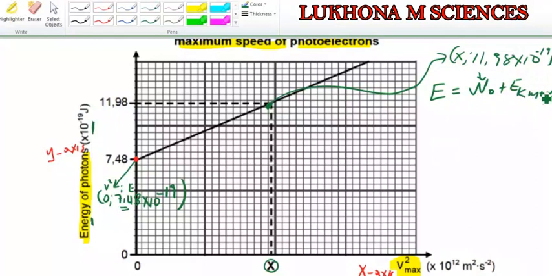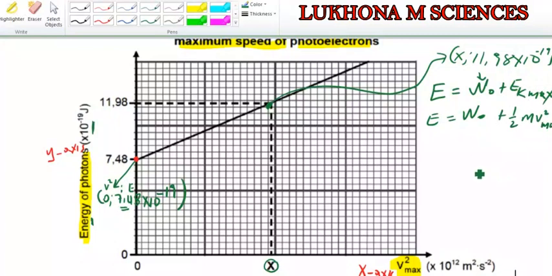Then EK max. We know that the EK max is the same as 1/2 mv square maximum. That is EK max.